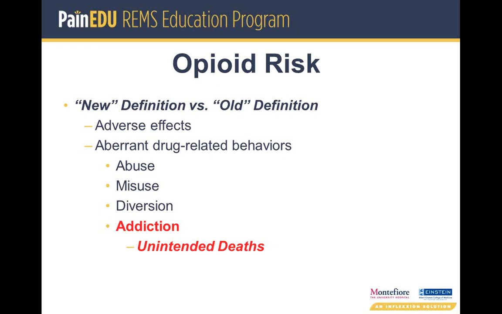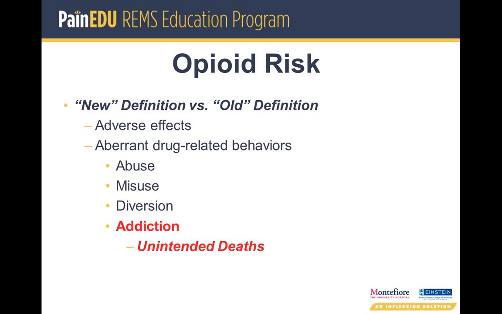I said I'd be talking about this, and this is a pared down version of my discussion about this, but when I was trained back in the early to mid 80s, the definition for me with respect to opioid risk was adverse effects, side effects that could occur, and respiratory depression was the elephant in the room. Anytime anybody prescribed an opioid, they were worried about the patient having a respiratory arrest related to the opioid.